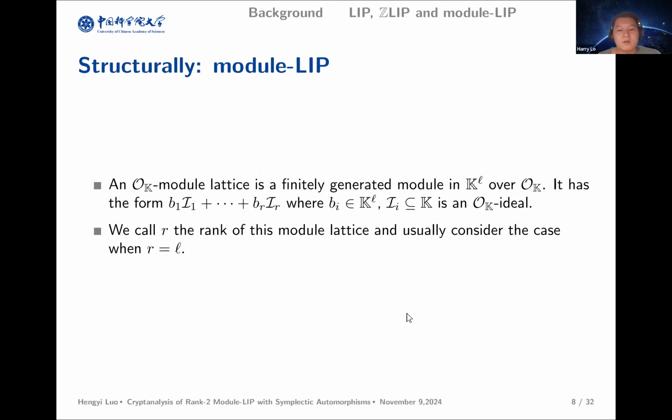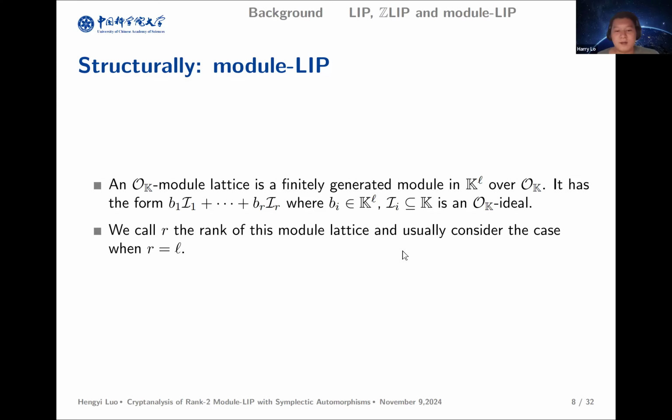A module lattice over O_K is a finitely generated module in K^L, which has a form like B_1 I_1 + ... + B_R I_R, where the B_i are vectors in K^L, and the I_i contained in K are O_K ideals.